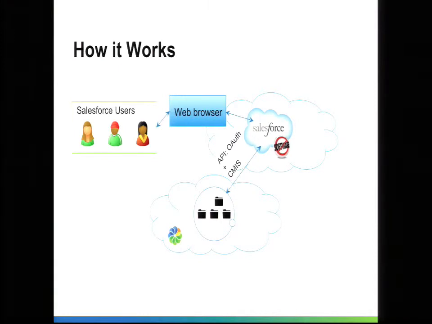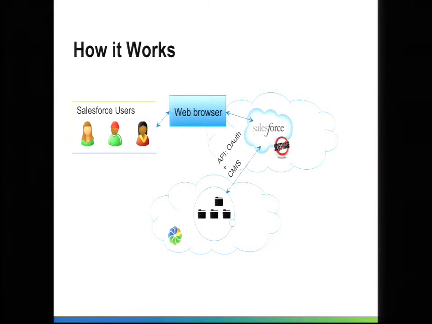So that's a bit of background. Now, how does it actually work in practice? If you look at these entities here, we've got some Salesforce users. They interact with Salesforce through their web browser. That connects to Salesforce. And then we've got Alfresco Cloud down here. Now, the cloud service stores the documents in these folders.